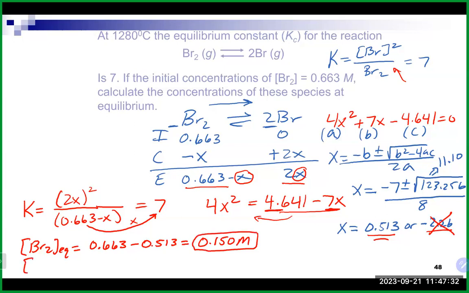We'll do the same thing for our Br at equilibrium, which would be 2 times x, which is 2 times 0.513. That's going to give us, we'll call it, 1.03 molar in this particular case.